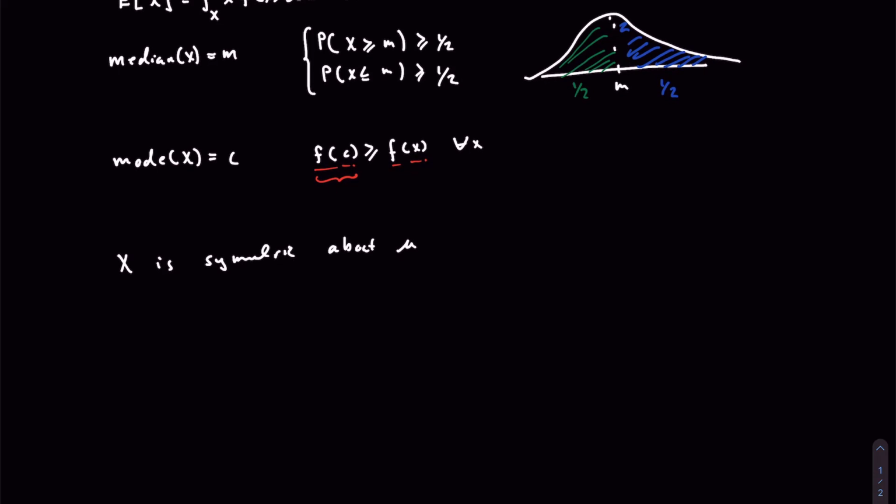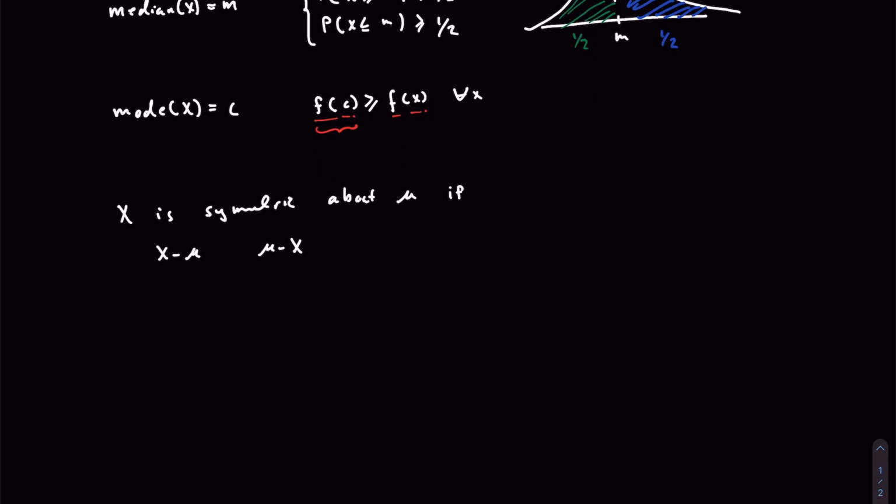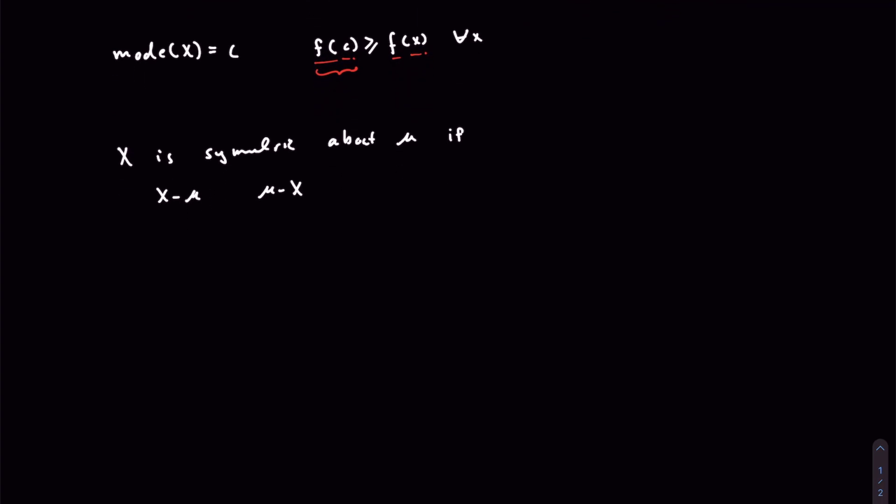So we say that x is symmetric about mu if x minus this value has the same distribution as mu minus x. Basically whatever happens to the left and right of this point has the same shape.